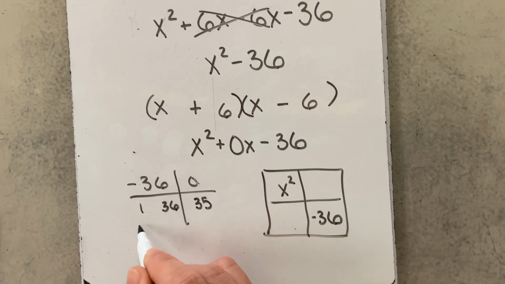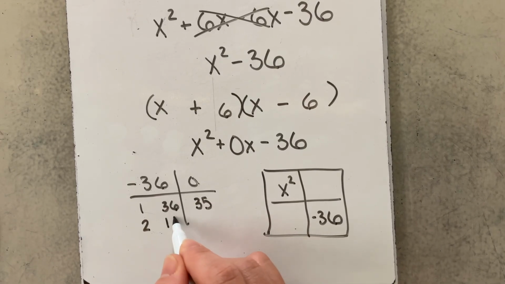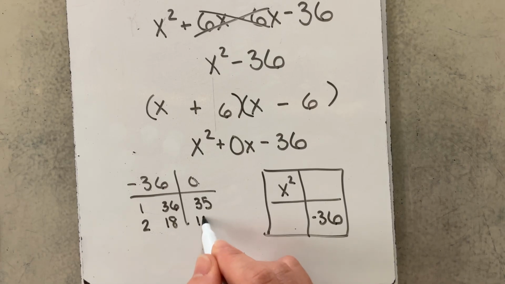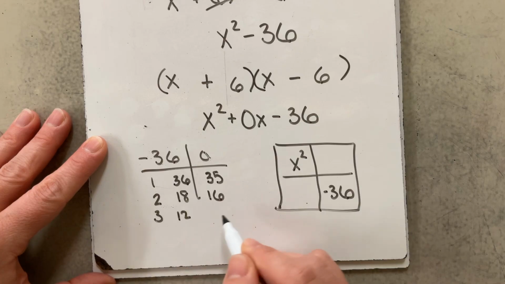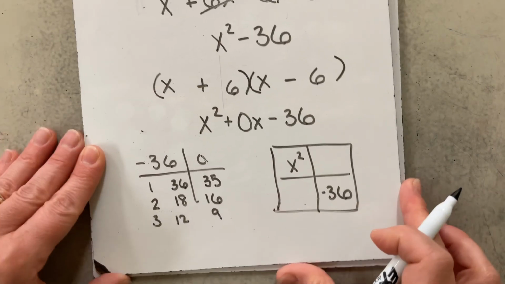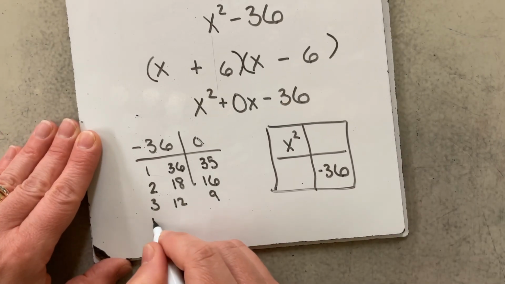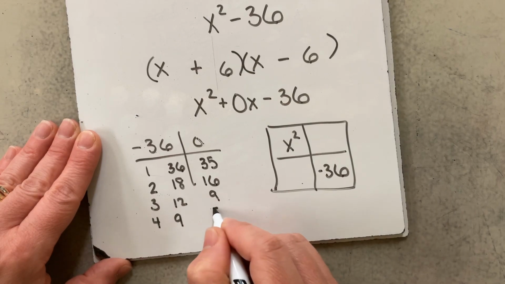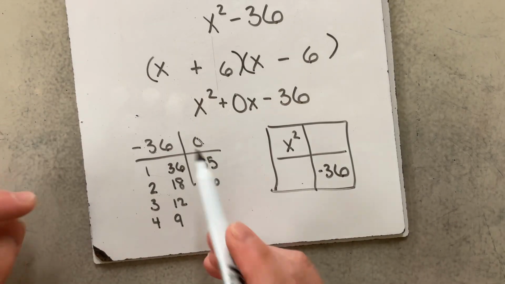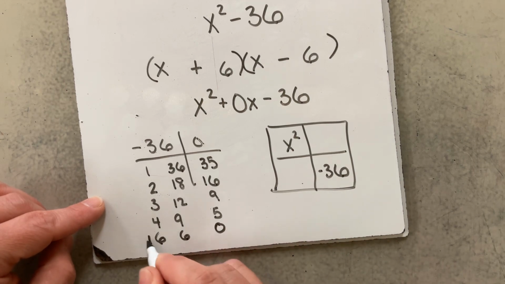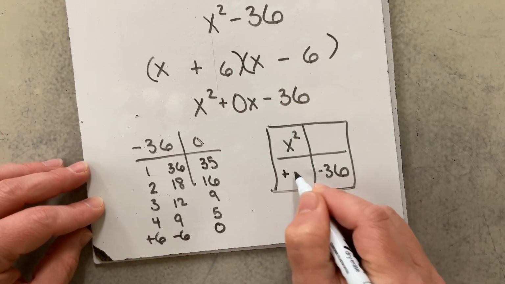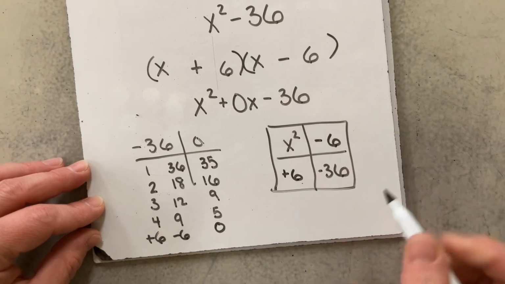That doesn't help me. I have 2 and 18, but that is 16. That doesn't help. I have 3 and 12, that's 9, so that's not what we're looking for. I have 4 and 9, which is 5, again not what we're looking at. And then I have 6 and 6, which is 0. I have a plus 6 and a minus 6.